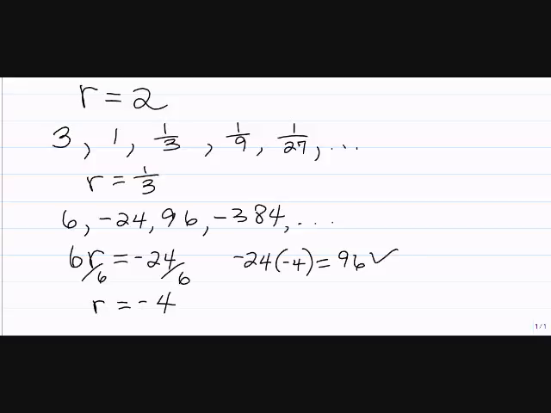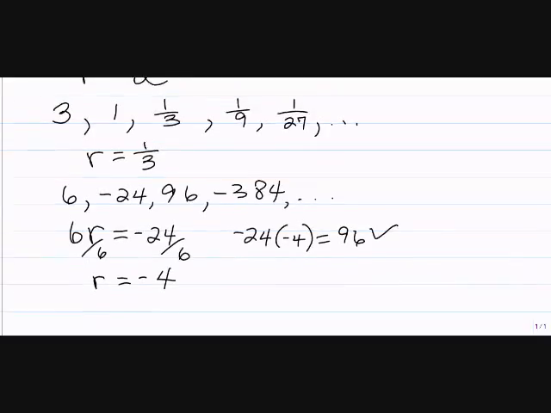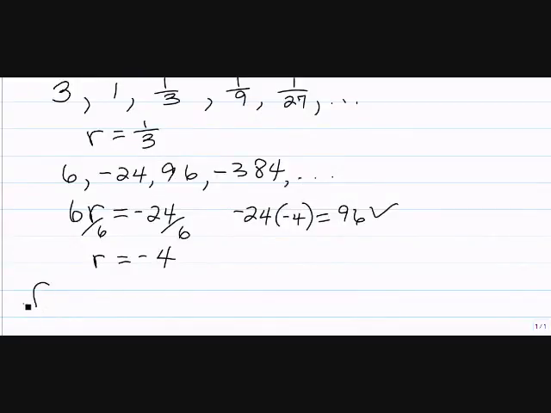Okay? The explicit formula, we won't do the recursive formula, is, I call it A sub n equals A sub 1 times R to the n minus 1.